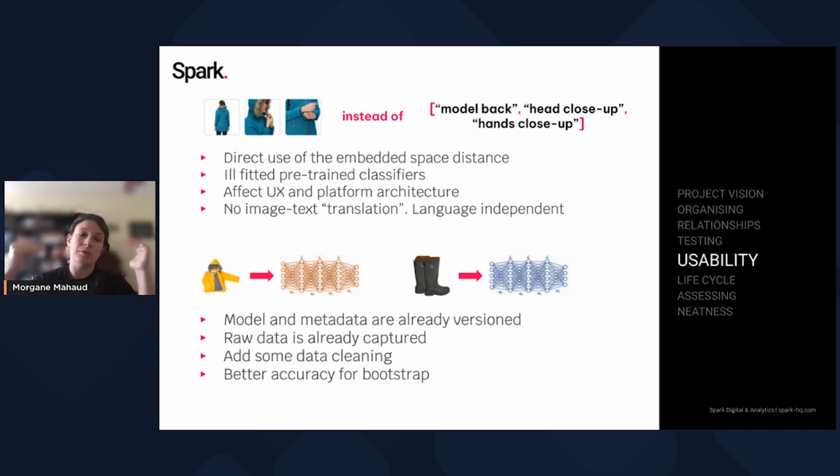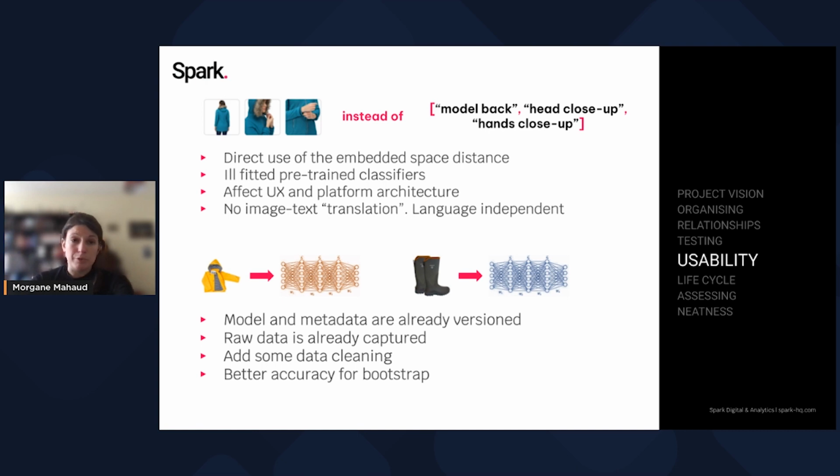We have also made another choice toward usability. At first, we split the model by product category. For example, we use one model for coats and shirts and tops in general, and another one for the shoes.